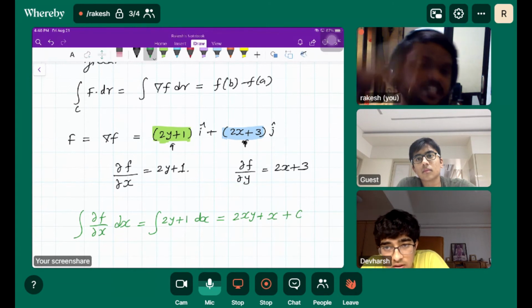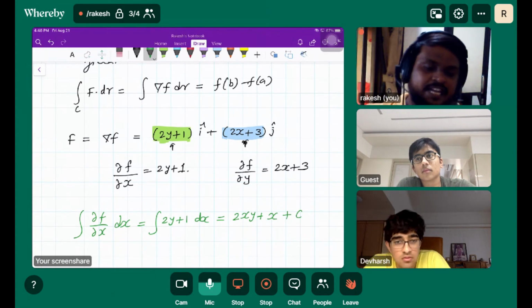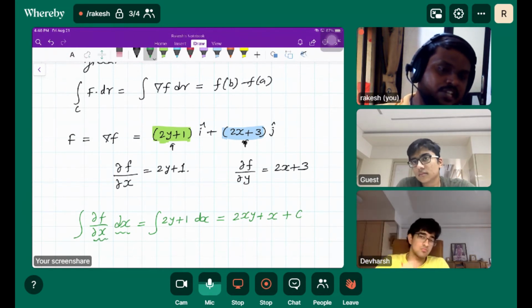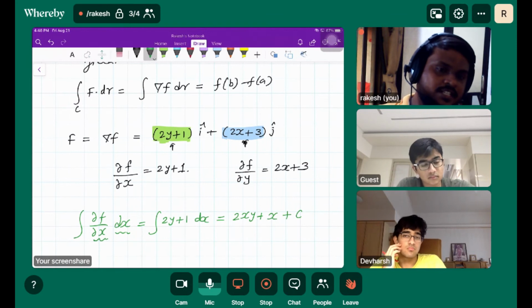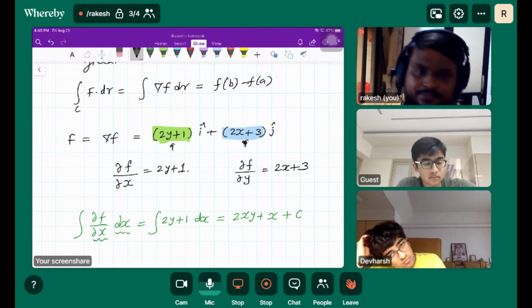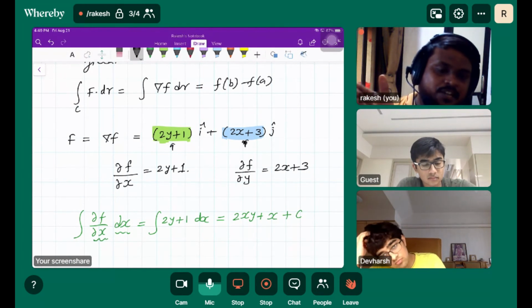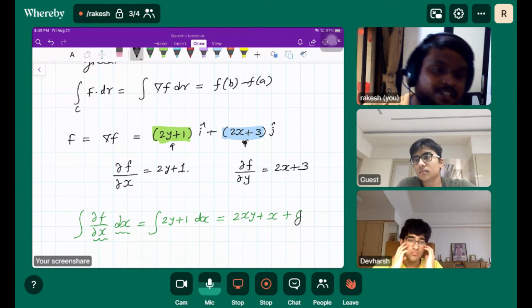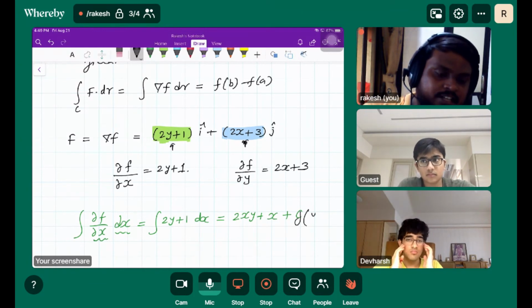Okay, the constant. If we are integrating with respect to x, we got this partial derivative of f with respect to x. So in that case the constant may be in terms of y, because we are finding the partial derivative with respect to x. Are you getting that?